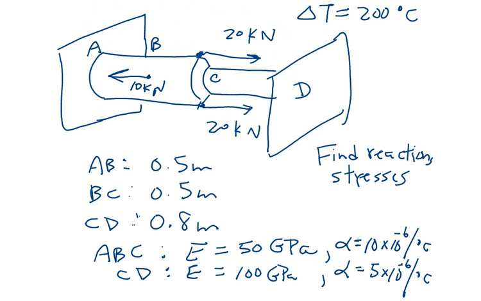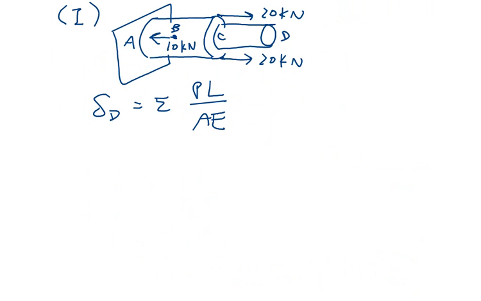So let's see, ABC, let's say this is a diameter of 0.2 meters, and then let's say this is a diameter of 0.1 meter, okay? Because I need areas, and usually you would be given a diameter.